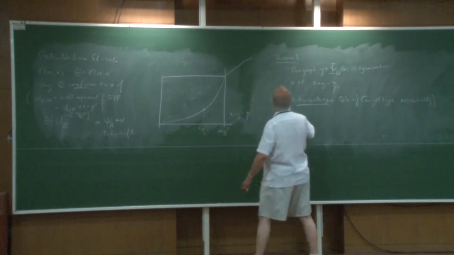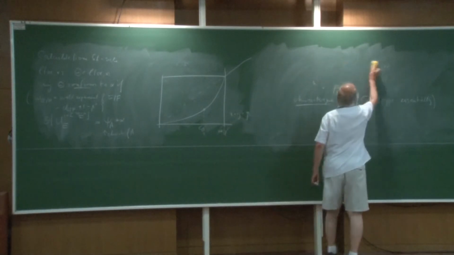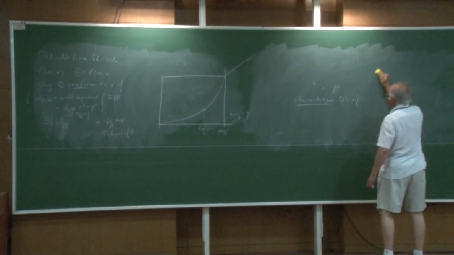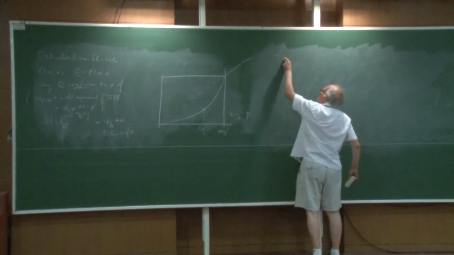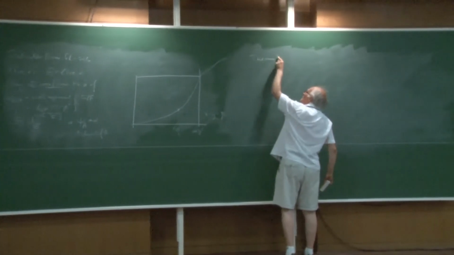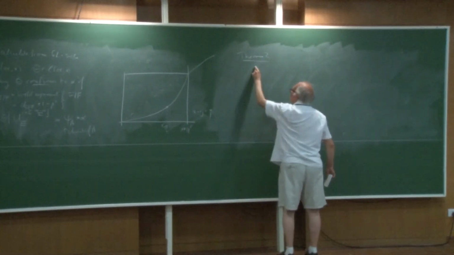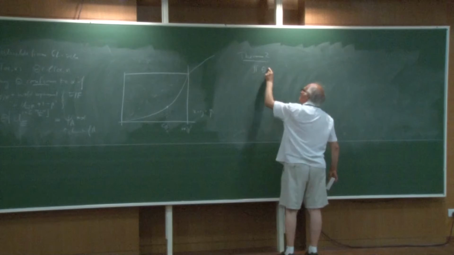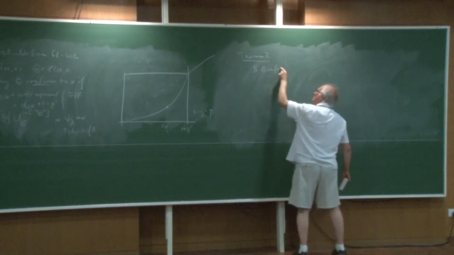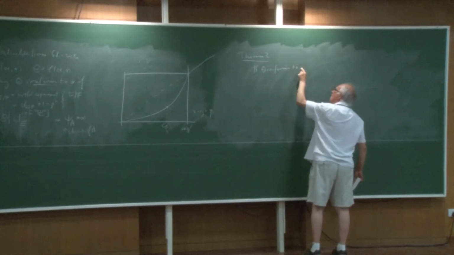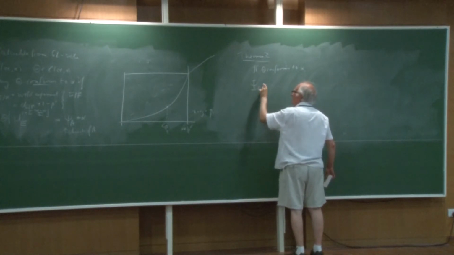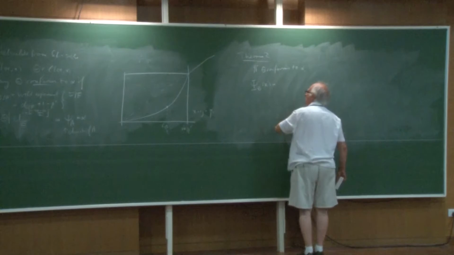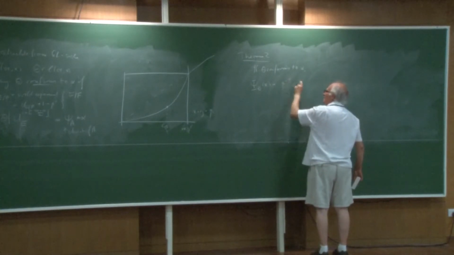Now remember that defines that number C theta. Two: if theta conforms to alpha, then big C theta of x is equal to p to the minus r.